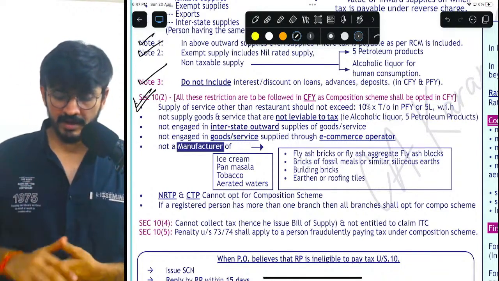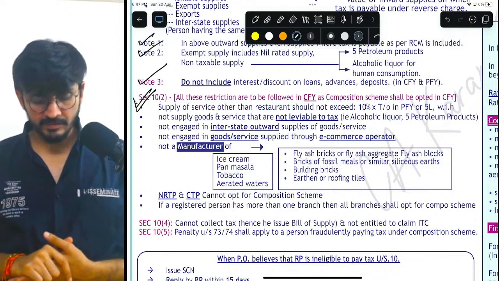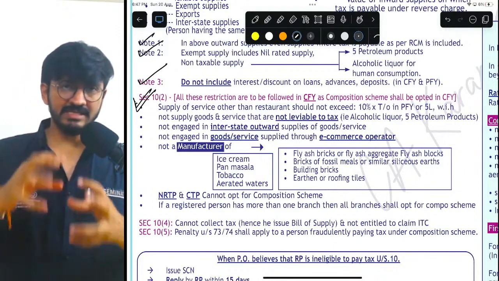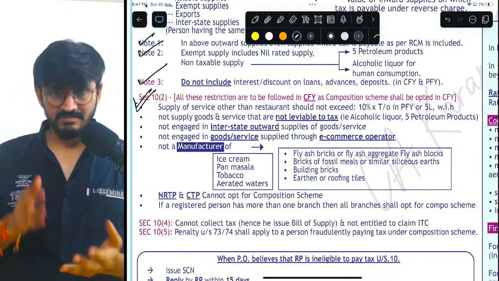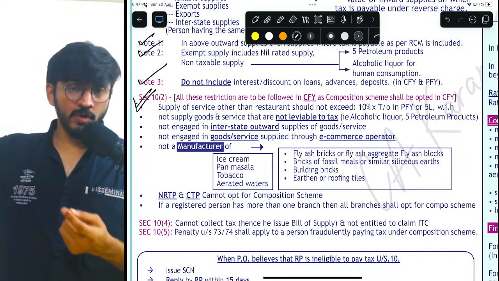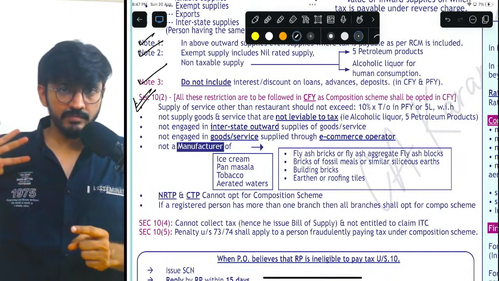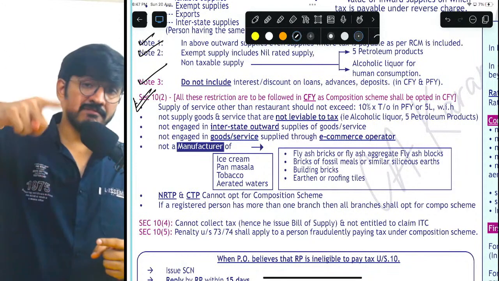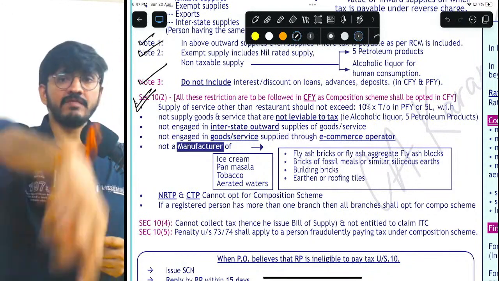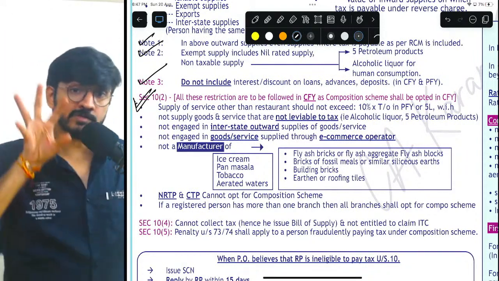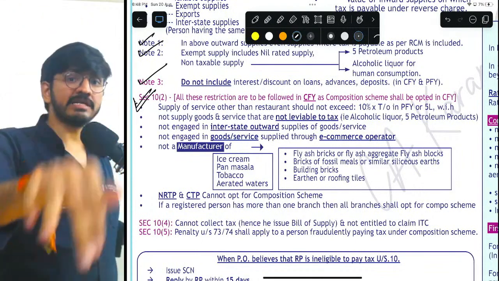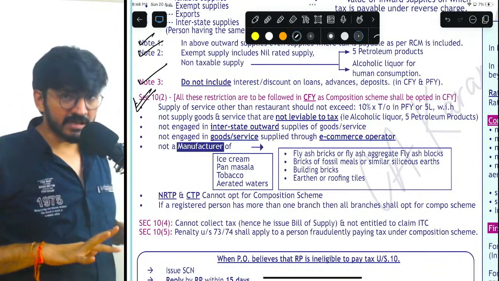Now, in 10-2, my dear friends, what are we supposed to do? Very simple. These are the conditions that you need to take care of once you have taken the compo scheme. So the question is, when will you apply these conditions? In the current financial year.